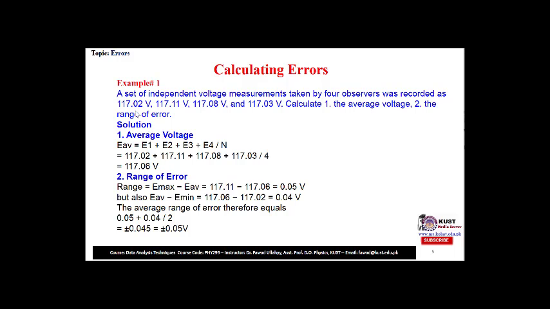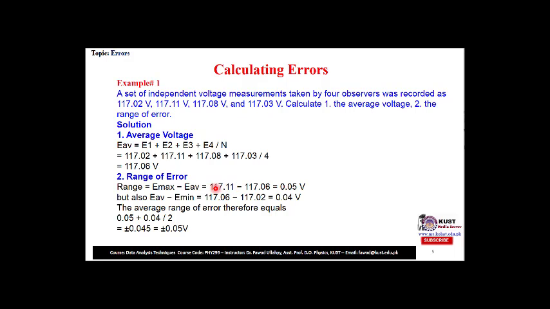We have to find the range in two parts, the upper range and the lower range. The upper range is the difference between the average value and the maximum value in these four values. The maximum value is 117.11 volt, the highest out of these four.